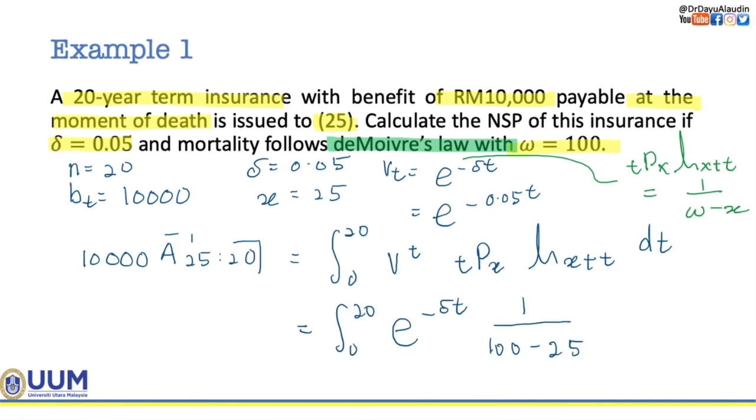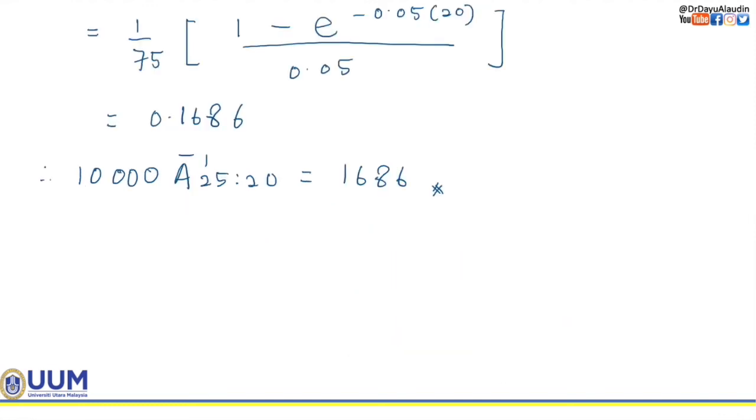Then we substitute the values inside. So this is omega minus x. Therefore, the answer is 0.1686. Then after we multiply with the benefit 10,000, we get 1,686.